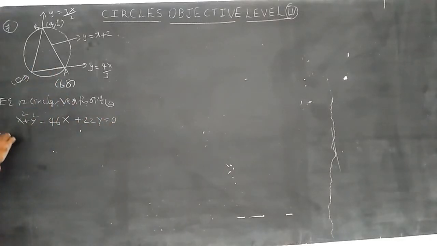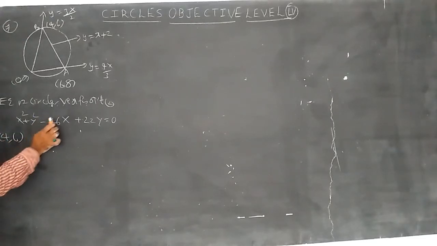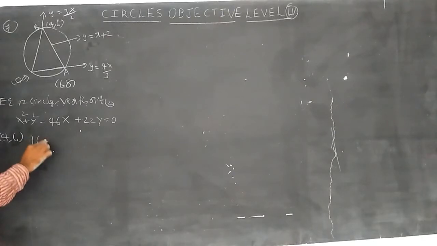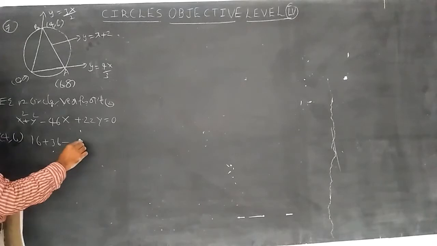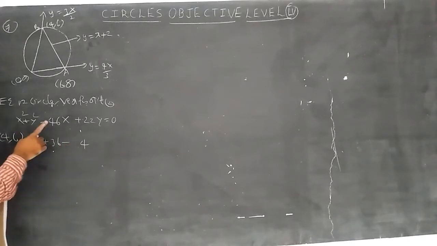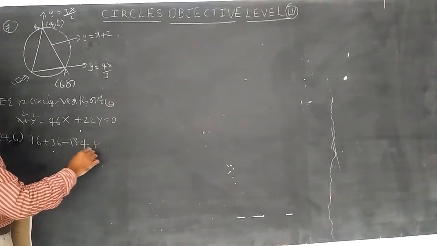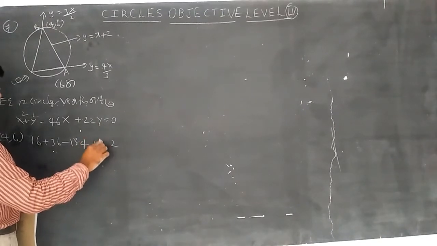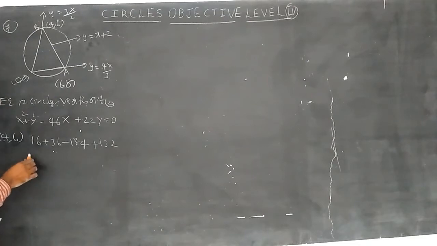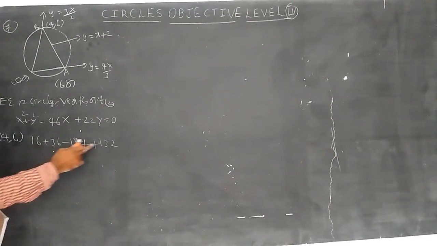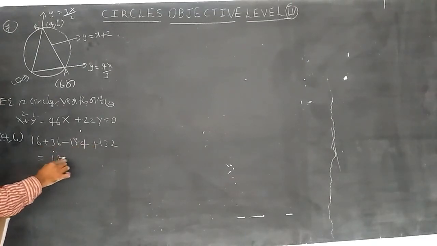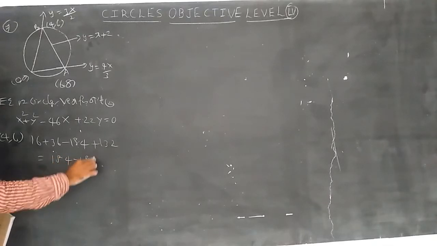Let us substitute the value 4 comma 6. 4 square is 16 plus 36, that is 52. Minus 46 times 4 is 184. Plus 22 times 6 is 132. 52 plus 132 is 184, 184 minus 184 equal to 0.